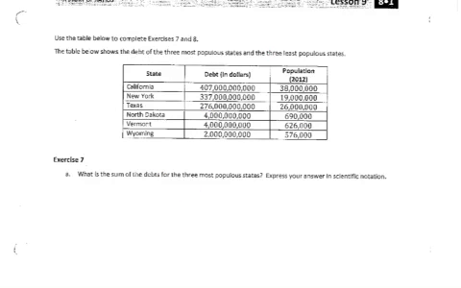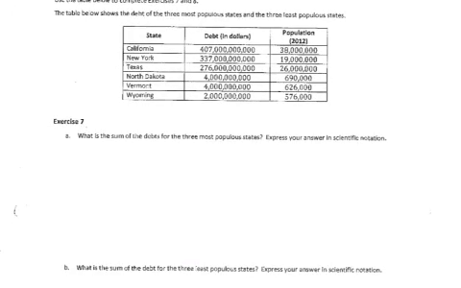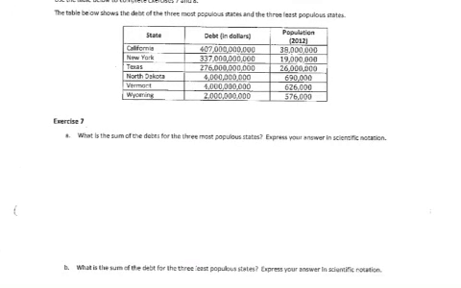Okay, so I'm going to work on exercise 7 with you, and then I'm going to let you try exercise 8 on your own. So for exercise 7, it says, what is the sum of the debts for the 3 most populous states? Well, the 3 most populous states are California, New York, and Texas. But I only want to know the sum of their debts, and I need to express my answer in scientific notation.